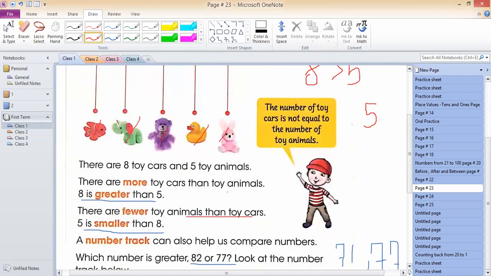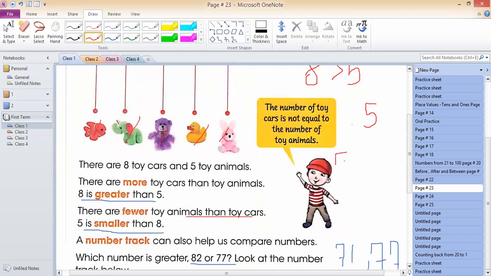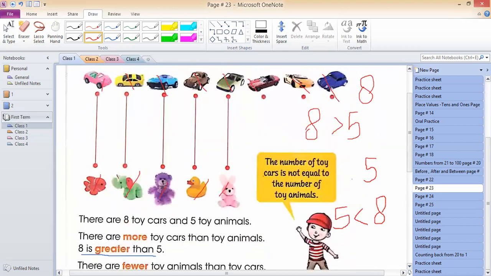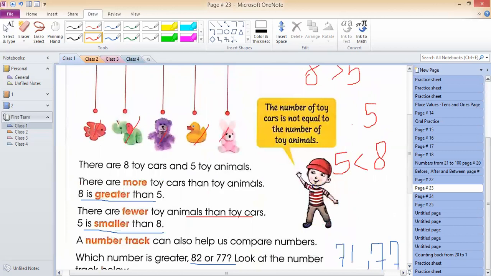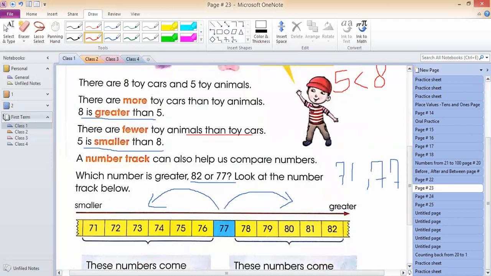Or you can also say that 5 is less than 8. So there are fewer toy animals than toy cars, because there are only 5 toy animals and toy cars are 8.